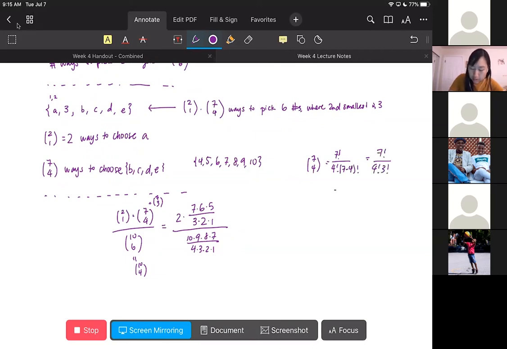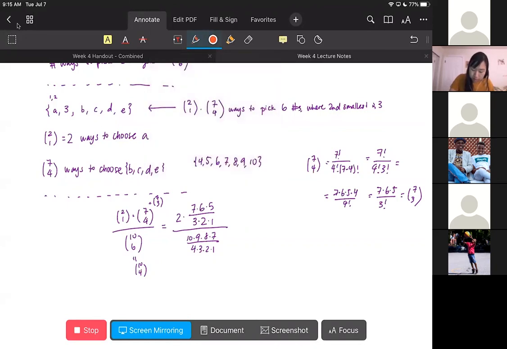So you could write this as 7 times 6 times 5 times 4 over 4 factorial, or you could write it as 7 times 6 times 5 over 3 factorial. So these are all the same expression. Okay, yeah, thank you.